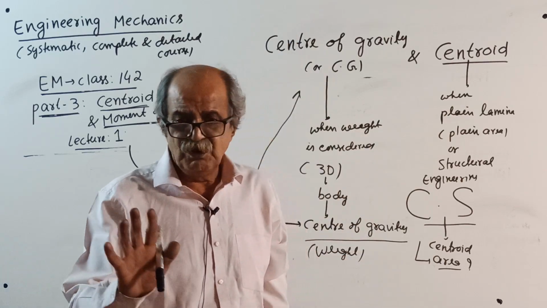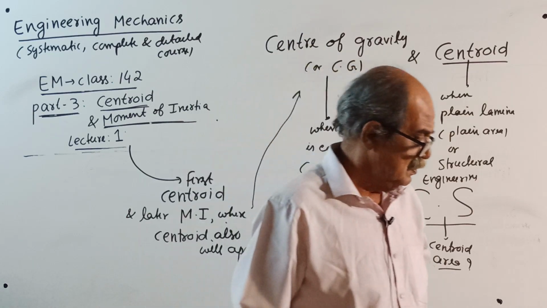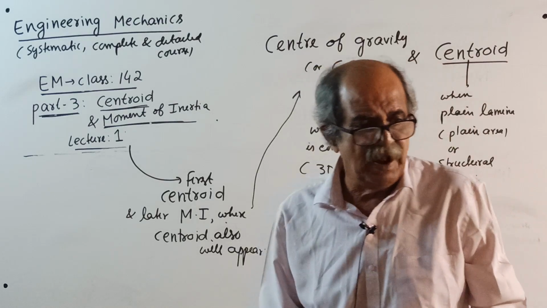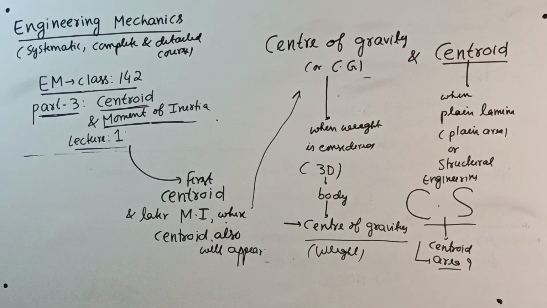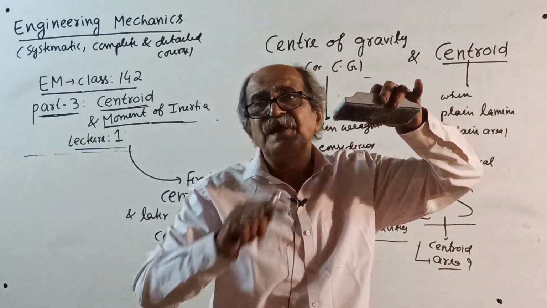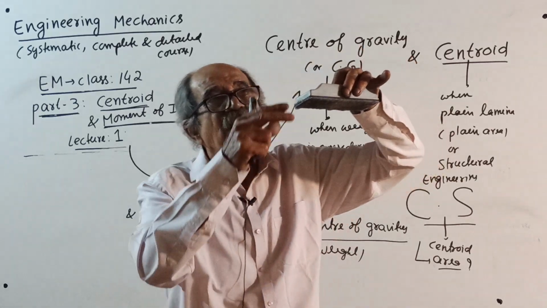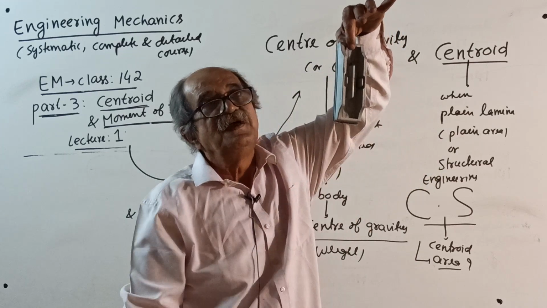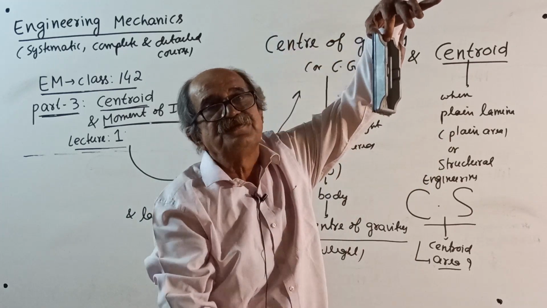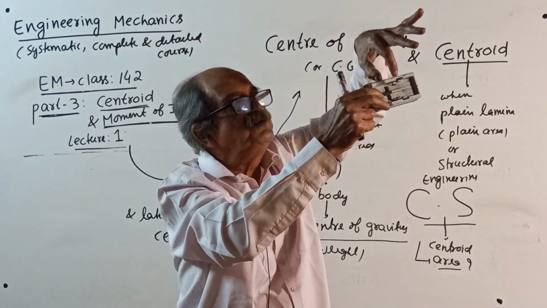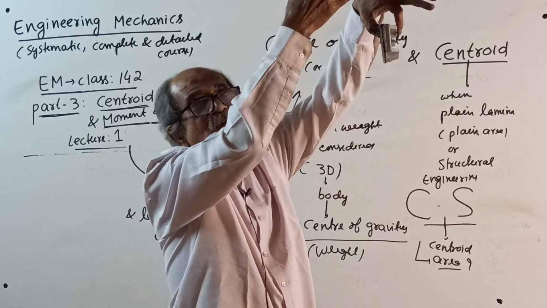Or, see, for example, I will tell you. Just for example. Okay, some center of gravity I want. This will do. See, this is a 3-dimensional object. Inside the body, center of gravity is there. Now, if I suspend here, the weight will act like this. It will pass through center of gravity. If I suspend this way, again weight will act this way.